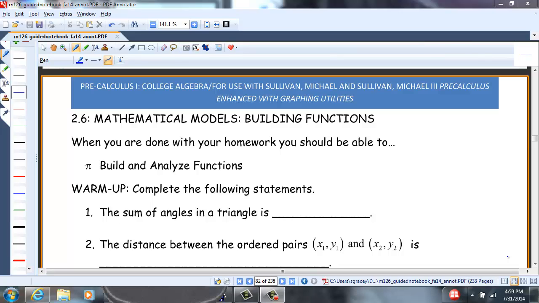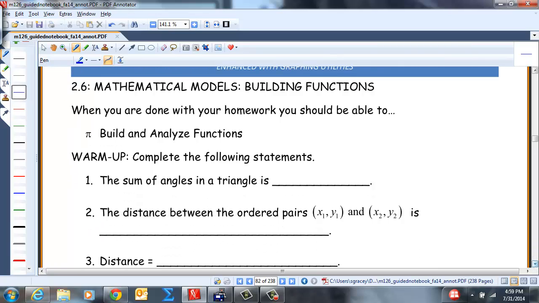So here we go. Let's warm up by just remembering some of these basic formulas. So the sum of angles in a triangle is, good, 180 degrees.